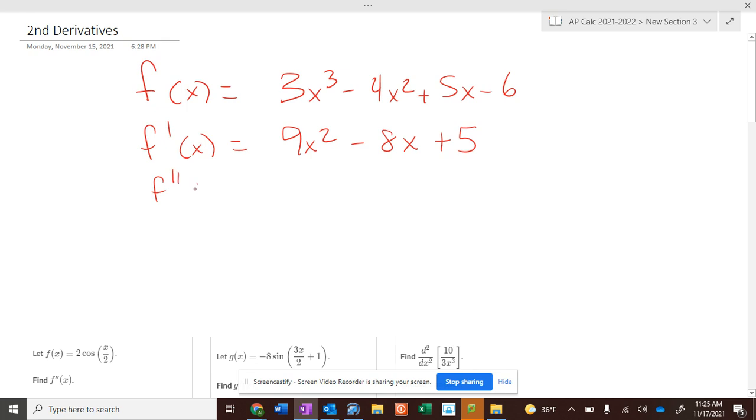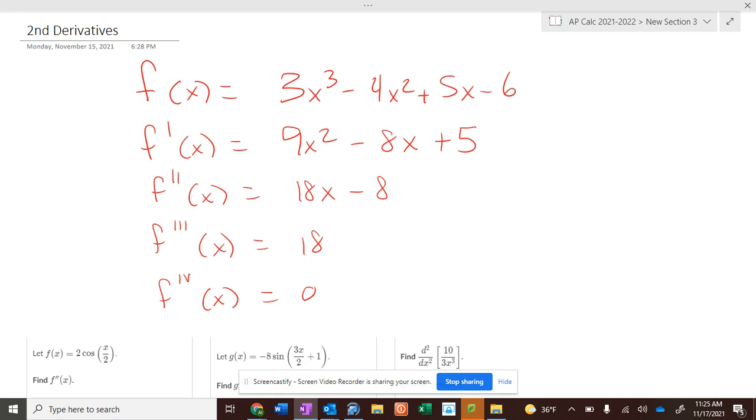The second derivative would be 18x minus 8. The third derivative would be 18. The fourth derivative would be 0. If second, third, fourth derivatives would be that simple, life would be easy.